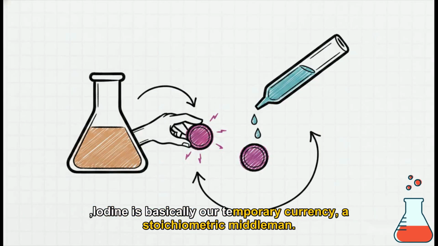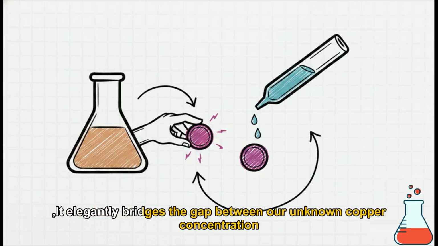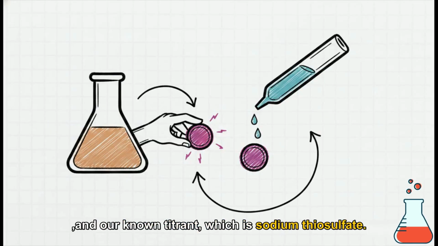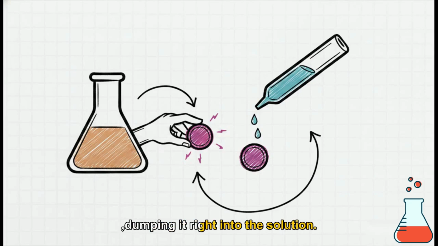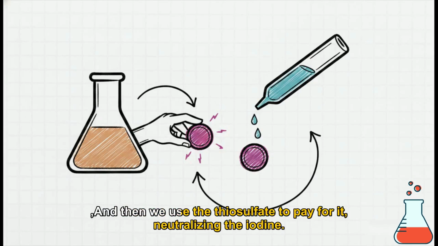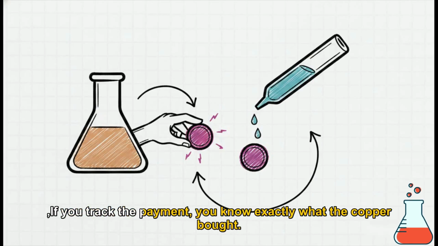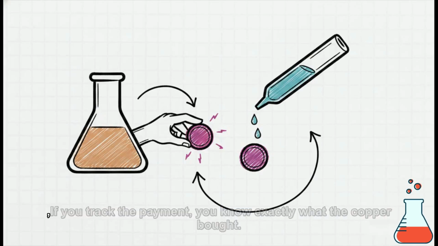Iodine is basically our temporary currency, a stoichiometric middleman. It elegantly bridges the gap between our unknown copper concentration and our known titrant, which is sodium thiosulfate. The copper essentially buys the iodine from a chemical reserve, dumping it right into the solution. And then we use the thiosulfate to pay for it, neutralizing the iodine. If you track the payment, you know exactly what the copper bought.